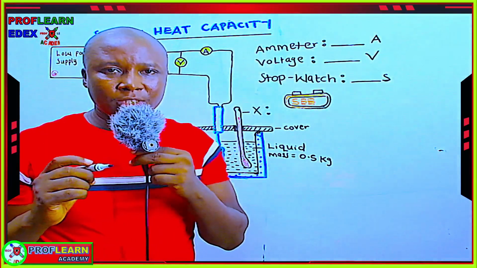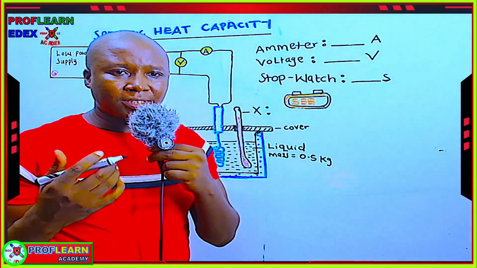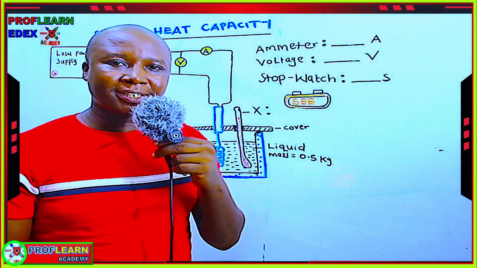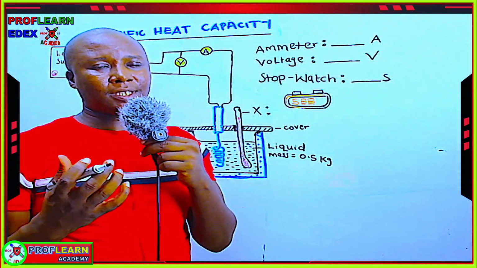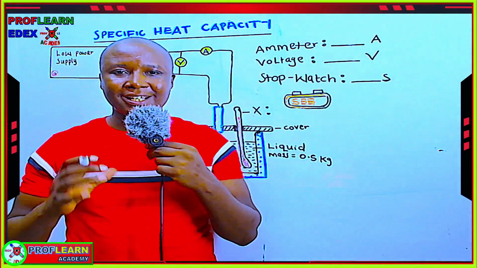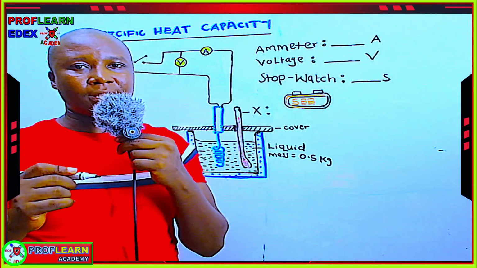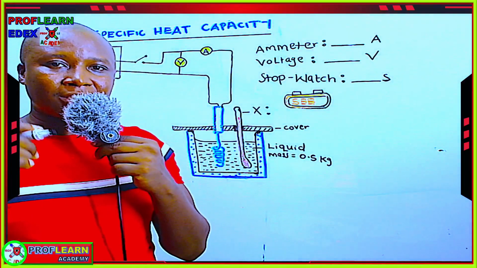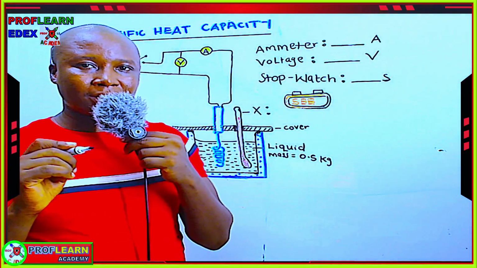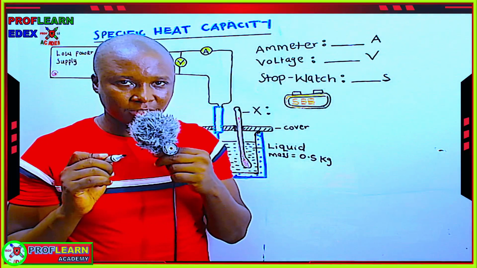The first thing we need to understand is what we mean by the term specific heat capacity. Specific heat capacity is the amount of thermal energy required to change the temperature of 1 kg of a substance by 1 degree Celsius.